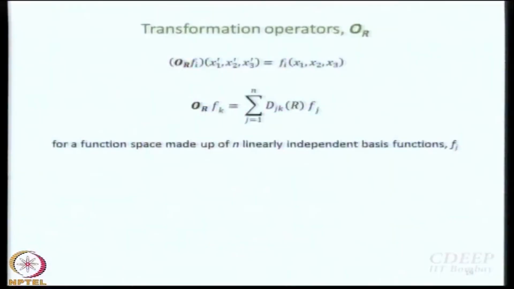Over Fi in the transformed coordinate system, x1 dash, x2 dash, x3 dash is a transformed coordinate system. So the transformed function in the transformed coordinate system is going to be the same as the original function in the original coordinate system. Does that make sense?